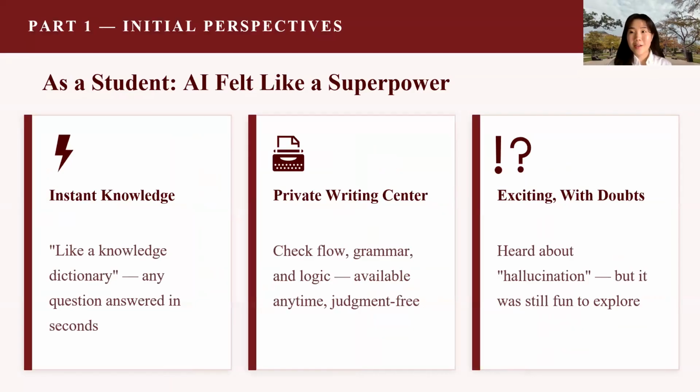So at first, as a student, I felt like AI had a superpower, because when AI was first introduced to the world, everyone was very excited, including myself. I was able to ask not only about my research ideas, but also about the coursework contents that I was not able to ask the instructors, or when I was following up on the course contents that I learned from the coursework.